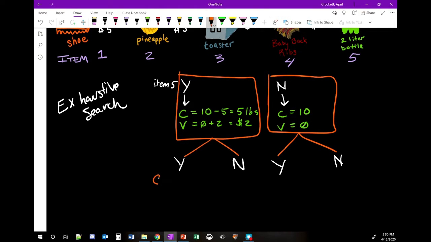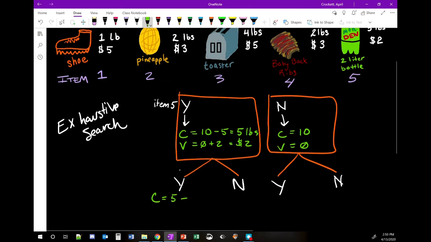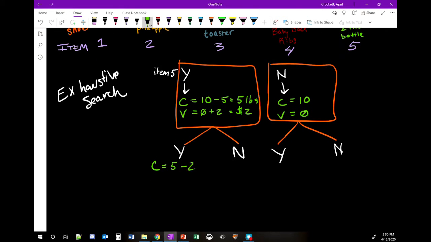And so that's our new capacity. If we say yes to item 5 and yes to item 4, it was at 5 pounds, and item 4, the baby back ribs, is 2 pounds, so we now have 3 pounds available.